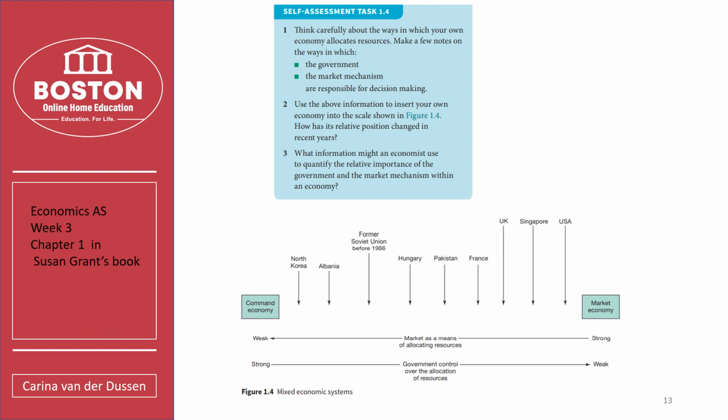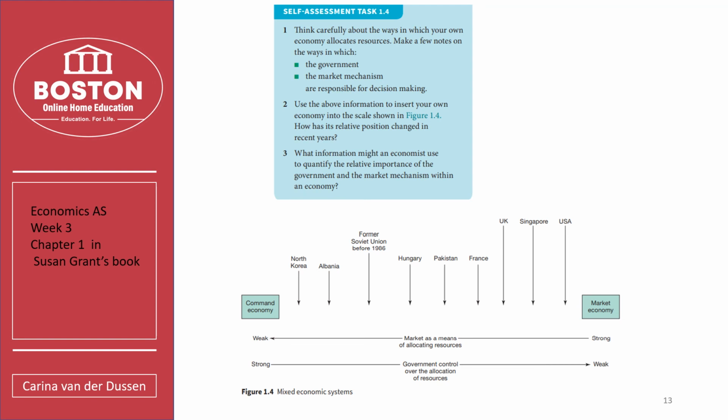So you're going to place South Africa on the scale shown in figure 1.4. Okay, if someone else is in another country, you may use that country as an example, because I think I heard that someone was in London. Okay, and where do you think South Africa's position is?